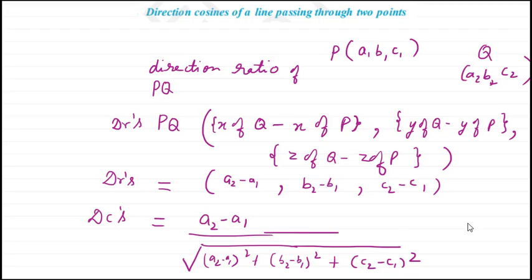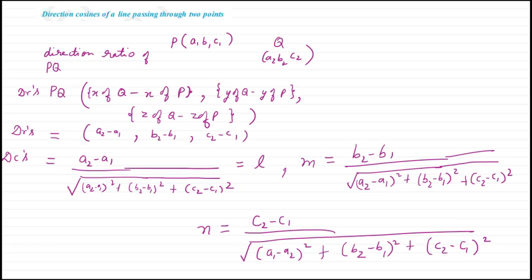This whole thing I have to write here, and that will give you the L. The same way for M, it will be B2 minus B1 divided by this whole thing, and for N it will be C2 minus C1 divided by root of A2 minus A1 square plus B2 minus B1 square plus C2 minus C1 square. That will be the DCs.